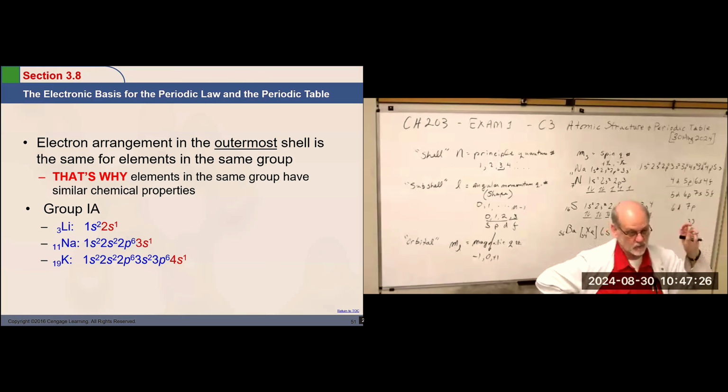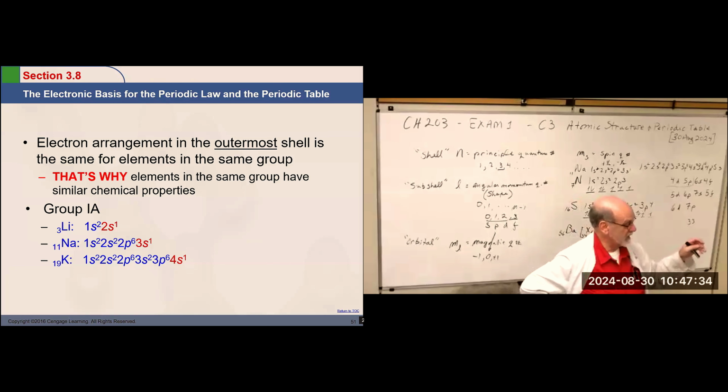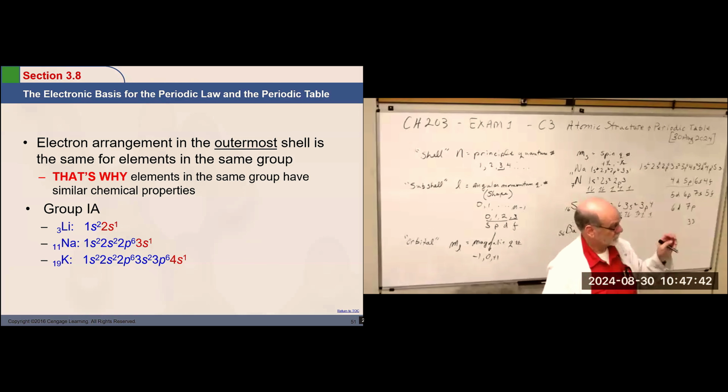The s and the p orbitals, it works great. When you get down into the transition metals, and really bad in the lanthanides and actinides, then the water gets really murky. But for the representative elements, the first two columns and the last six, it works really well.